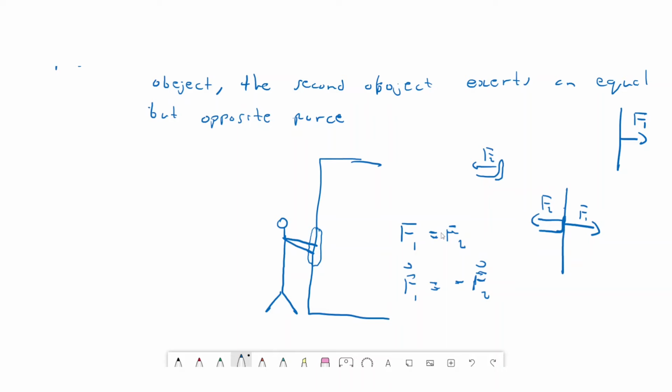So Newton's third law is also known as: for every action there's a reaction. That's how Newton's third law looks.